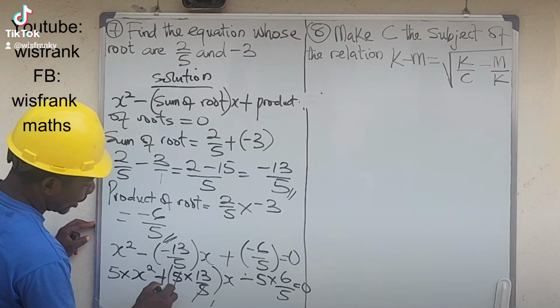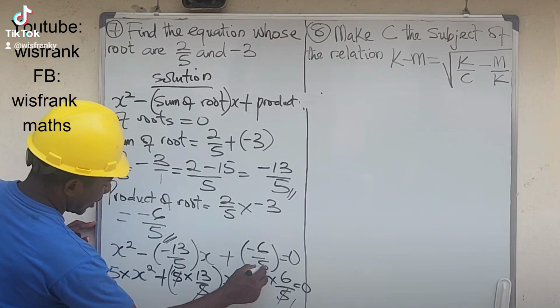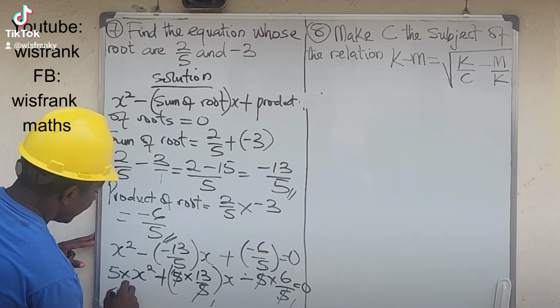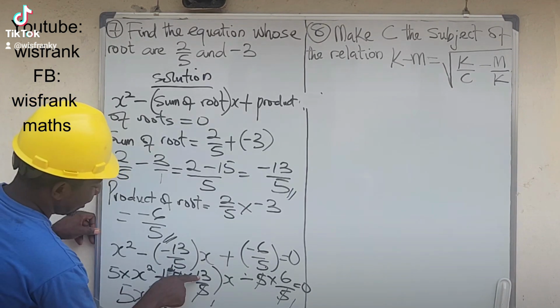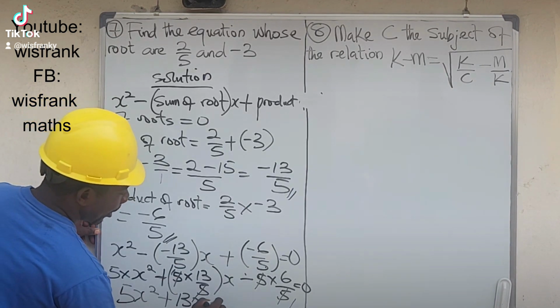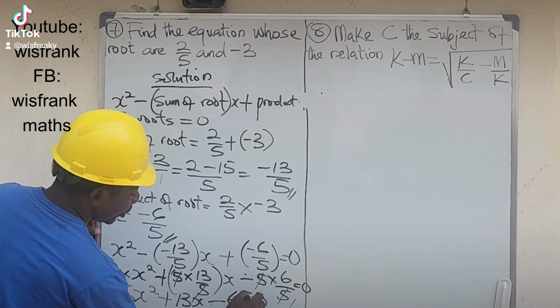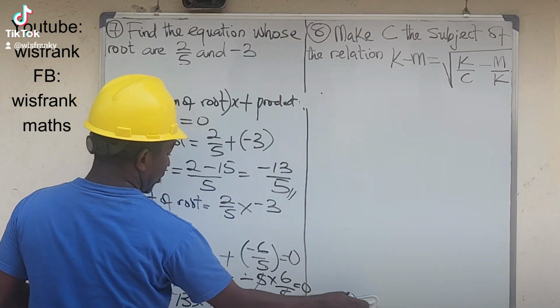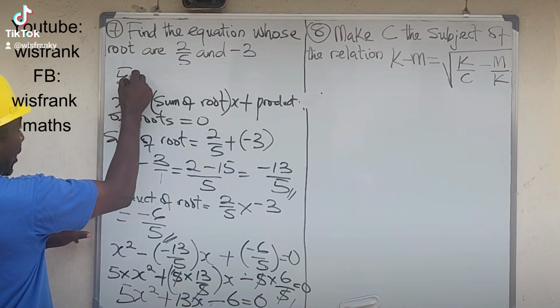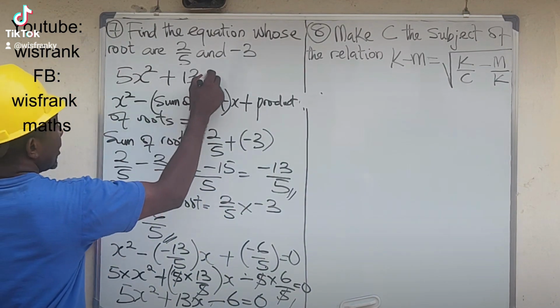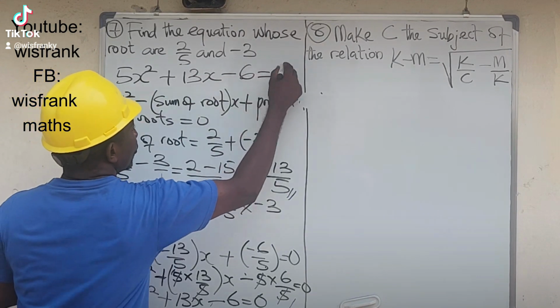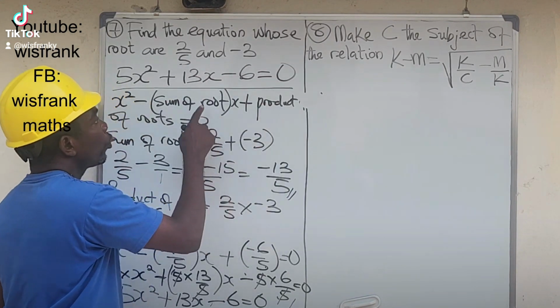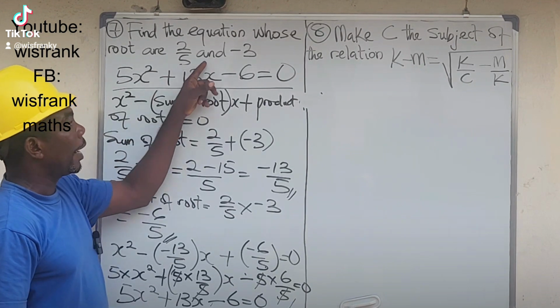We are now left with 5x squared plus 13x minus 6 equals 0. So we can rewrite this for us to see the equation of this quadratic: 5x squared plus 13x minus 6 equals 0. So this is the equation whose roots are 2 over 5 and minus 3.